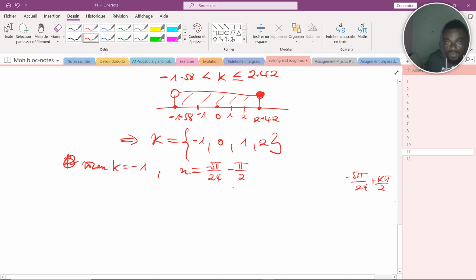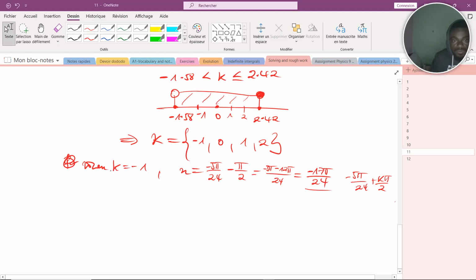So 24 divided by this one gives minus 5 pi, 24 divided by this is 12, minus 12 pi. So this equals minus 17 pi on 24. That's the first one.